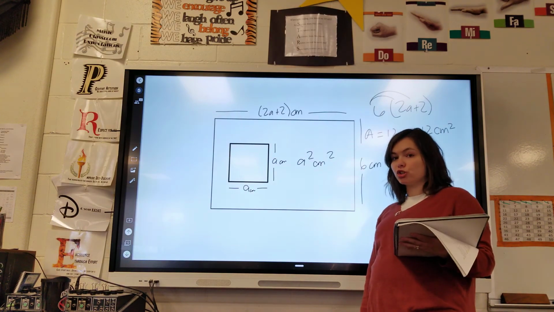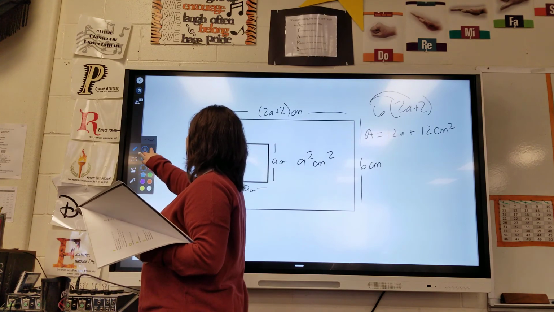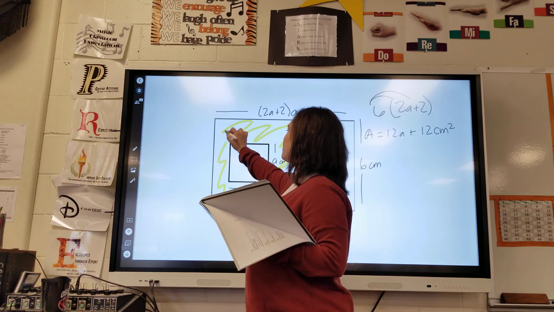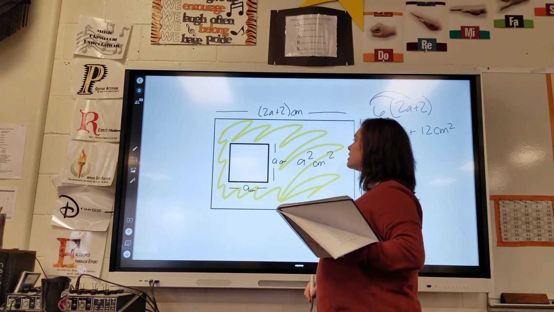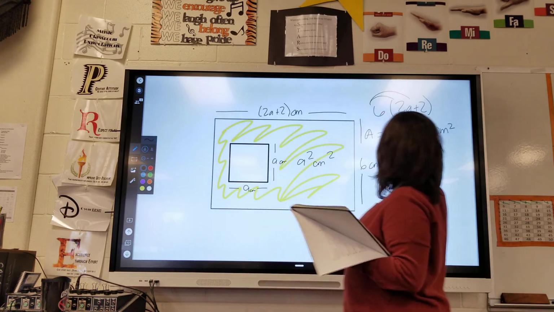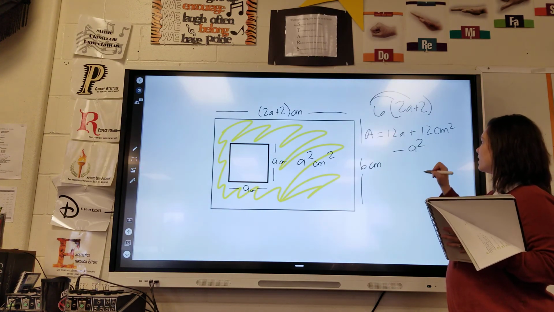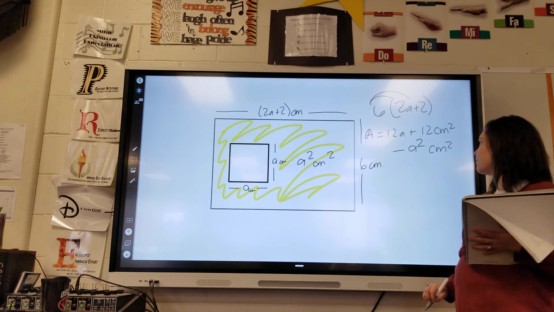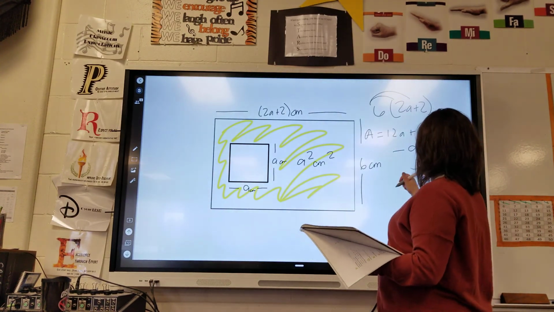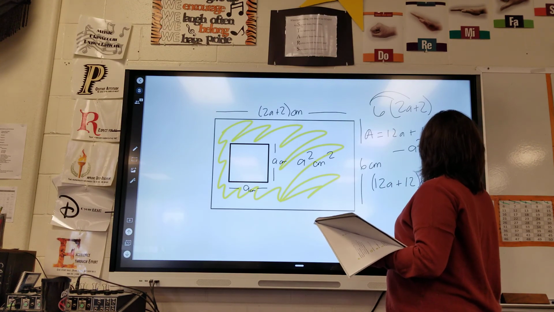Now, in order to find the area of the shaded region, which I will shade quickly, basically everything but where that square is, we're going to subtract the area of the square from the area of the entire rectangle. So when I write this all out in the correct way, I get 12a plus 12 minus a squared.